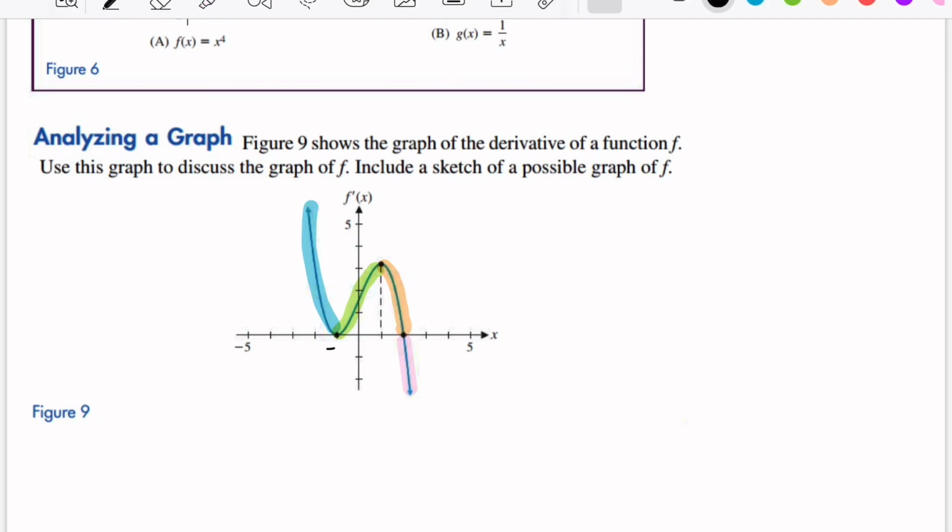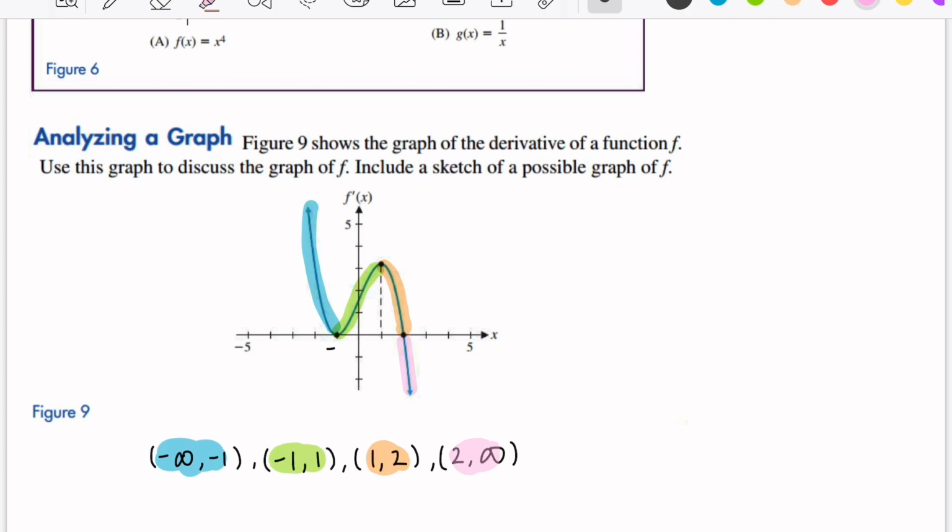So what we're going to do is break our domain up into these intervals. And just to stay with the color coding here, that's this region, this region, this region, and this one. Okay, so these are partition numbers that are breaking our domain up into these intervals.